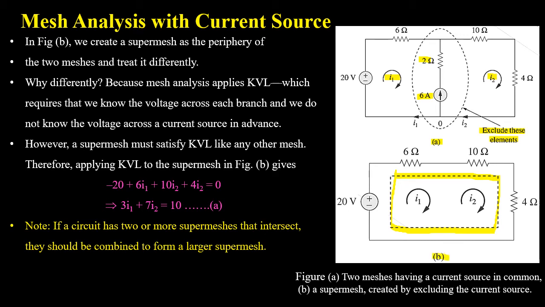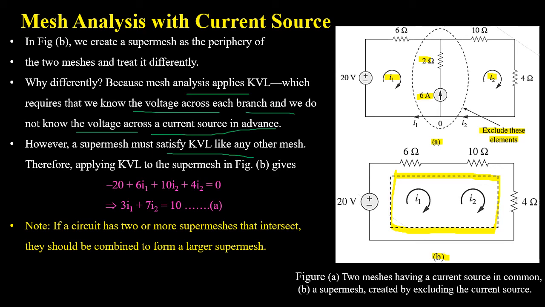And the super mesh is created because we apply KVL in mesh analysis, and KVL requires knowledge of voltages across the various elements, whereas in the case of a current source, from the specification we have the knowledge of current, but we don't know the voltage across the current source in advance. So the super mesh satisfies KVL like other meshes.